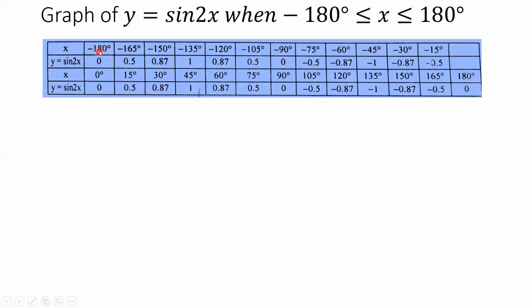Minus 180 degrees, that is sin 2 into minus 180 degrees, that is sin minus 360 degrees, the value of sin 360 degrees is 0. In a similar way, minus 165 degrees, minus 90 degrees, that is sin 2 into minus 90 degrees, sin minus 180 degrees, the value will be 0.